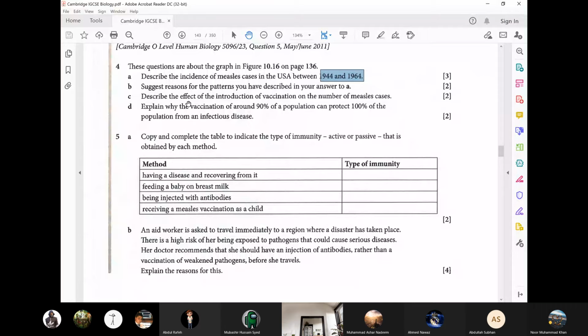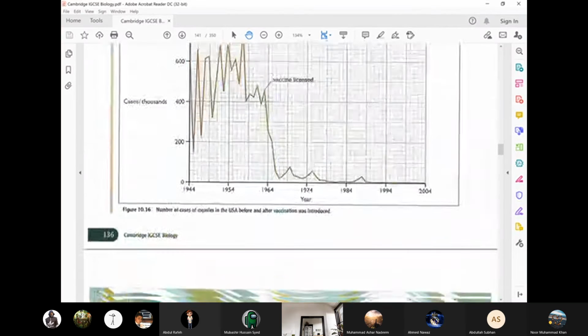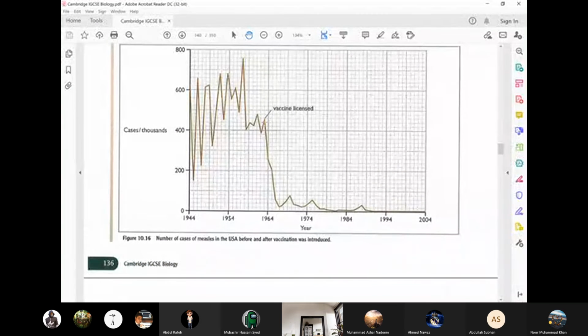Next one, describe the effect of the introduction of vaccination on the number of measles cases. Now, boys, describe the rest of the graph, after 1962 up till 2004. So what you will tell is that the vaccine was introduced in 1962, right?